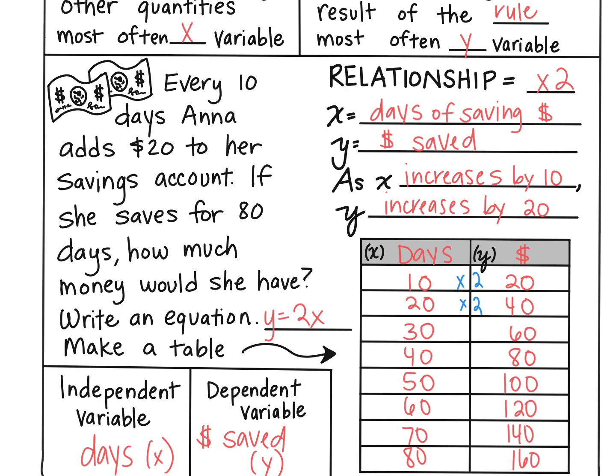Tomorrow we're going to do more practice with tables and equations and then actually plotting points for that equation. Okay, that's all we're doing today. Today we are practicing naming independent and dependent variables. Practicing naming it. That's it. So determining what is my independent, my standalone value, and then what's the other one that depends on that.